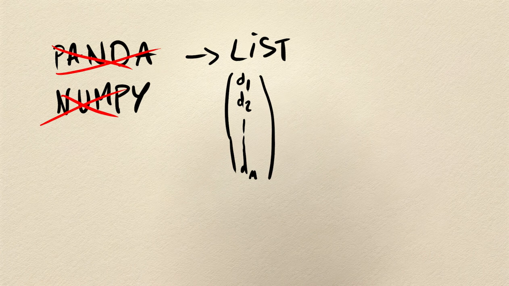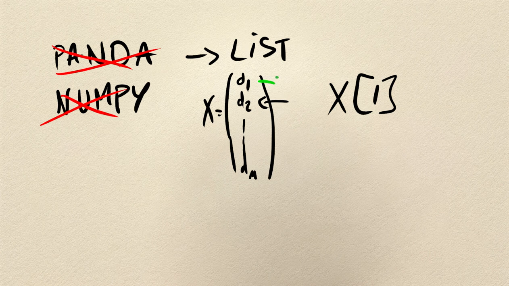Well, that's a list, and that's all you need to know. If we call that x, then if you want to get data number 2, all you have to do is write x and put 1 in brackets, and then you'll get data number 2. That's the only thing you need to remember, a specificity of Python: they count from 0. So this is 0, this is 1, and this is n minus 1.